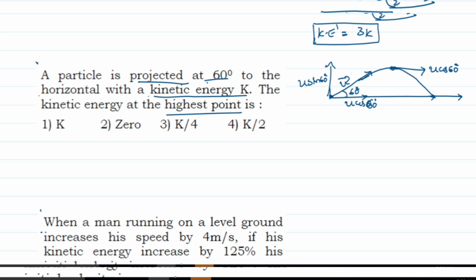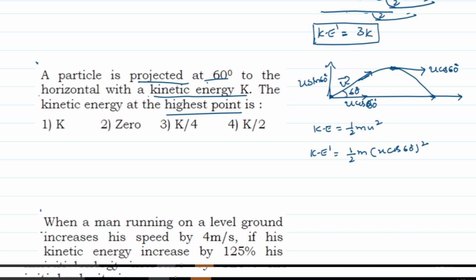At that point they are asking for the kinetic energy. The kinetic energy at the point of projection is half mu square. At the highest position, KE dash is half into m into, instead of u, u cos 60 whole square.